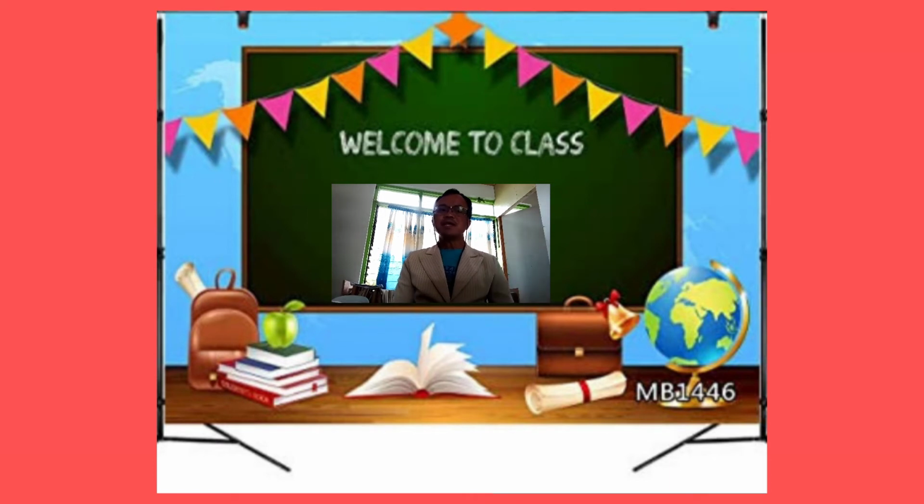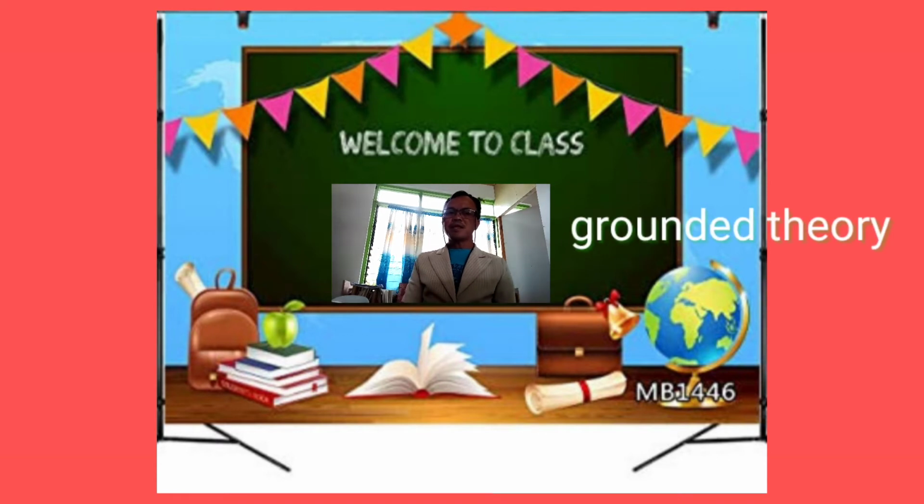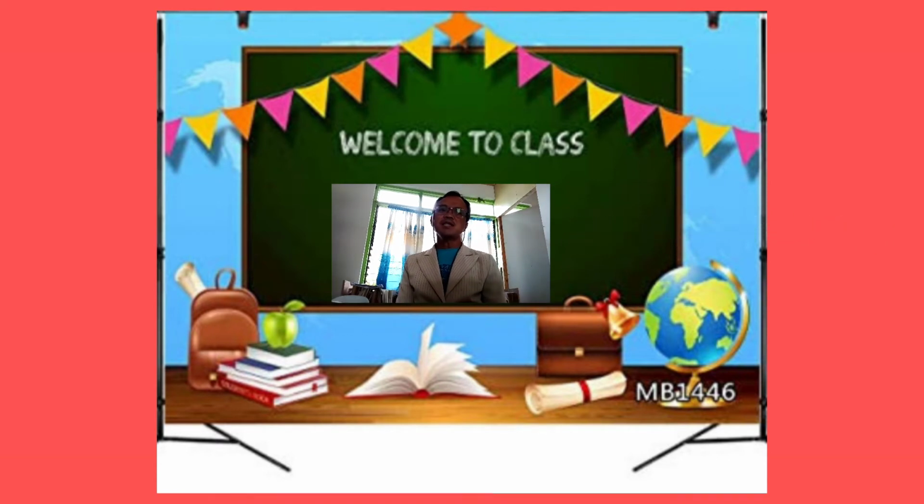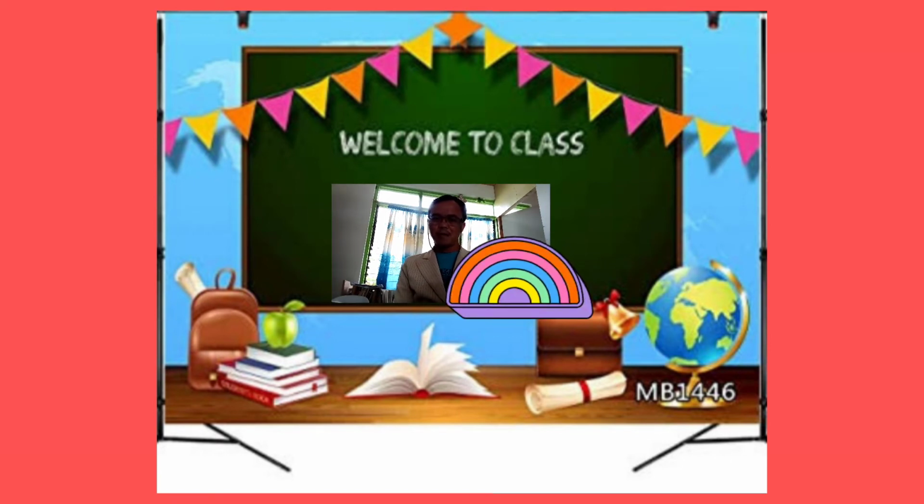And number 5 is grounded theory. In this kind of approach, theory or general patterns will emerge. It begins with initial codes and develops into broad themes or domains and redounds into grounded theory or broad interpretation.